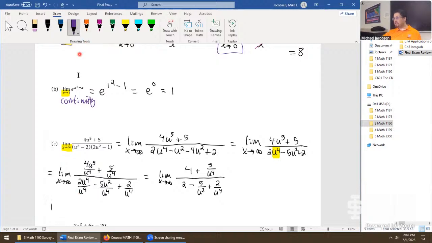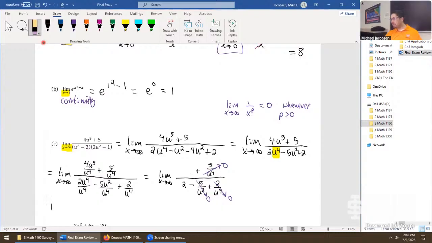Next, a theorem about these kinds of limits as x goes to infinity tells us that the limit as x goes to infinity of 1 over x to the power p is 0 whenever p is greater than 0. So anything with a positive power is 0 now in the limit. This one will go to 0. This one goes to 0. And this one goes to 0.